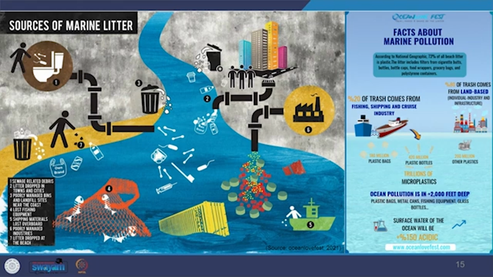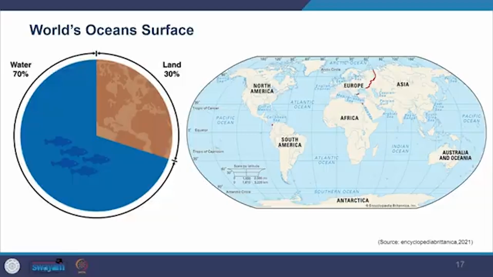The United Nations Food and Agriculture Organization, we see that it estimates that 31.4% of fish stocks are either fished to the maximum capacity or overfished. Let us now look at the geographical extent of the problem.